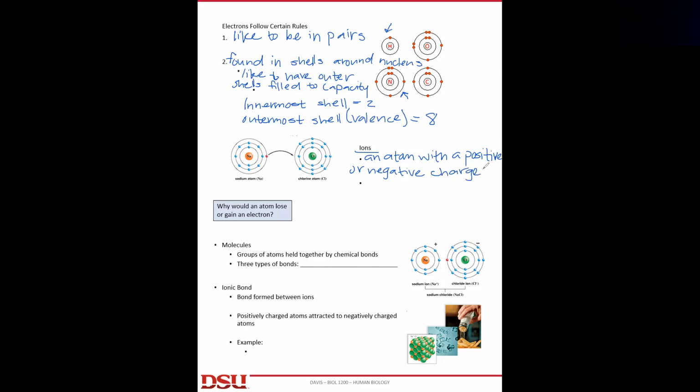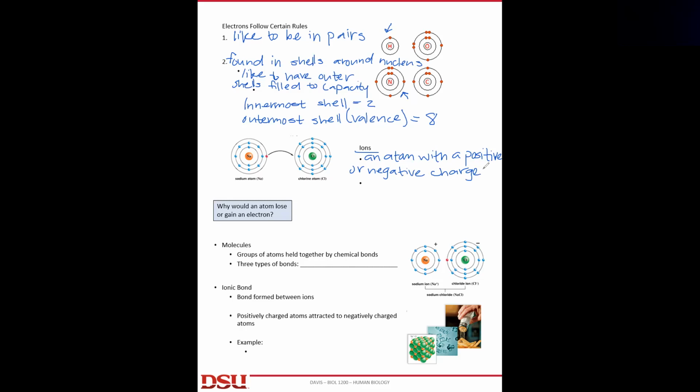Okay, so remember that in a neutral atom, you have the same number of protons as electrons. That means that those charges cancel each other out, and the atom is completely neutral. It's free of any charge.